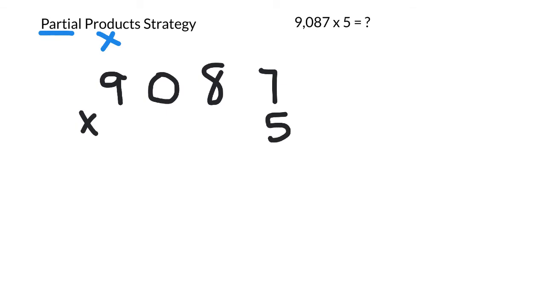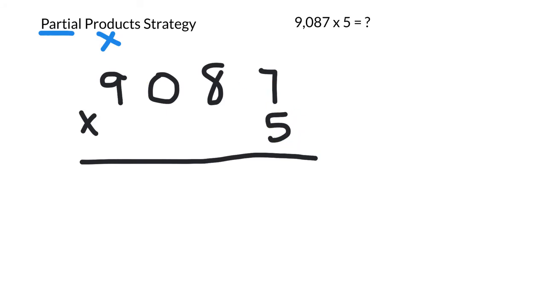You would still line up your numbers nice and big, just like you did with your standard algorithm. And you're still going to go through and multiply each of your numbers by the 5.